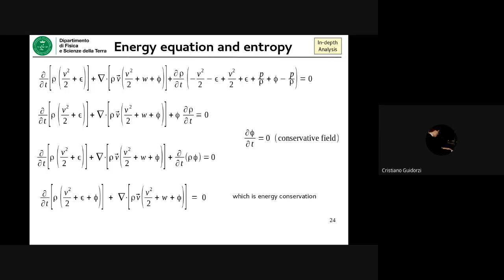At some point, when we discuss some relevant solutions, in the case particularly of shock waves, what the result of a shock wave is in different contexts, I will show you that instead of applying energy conservation, I will use entropy conservation. Now you see why they are equivalent.